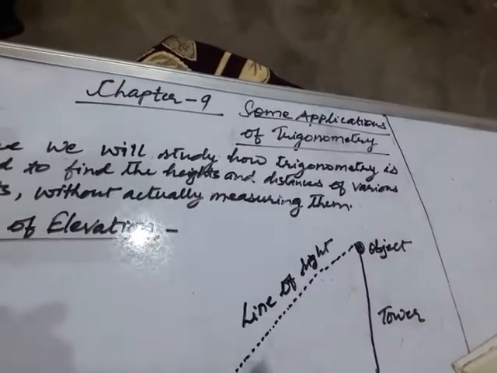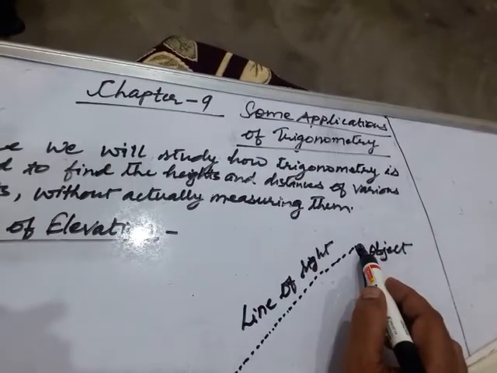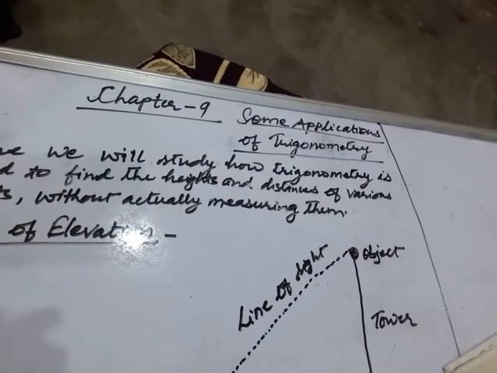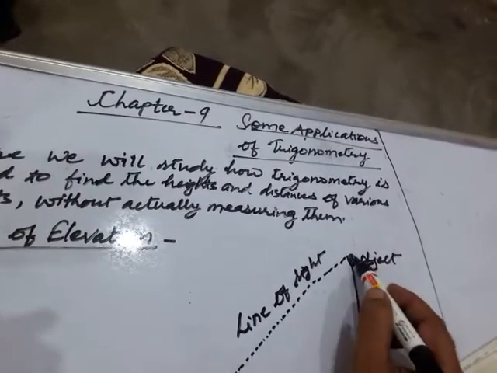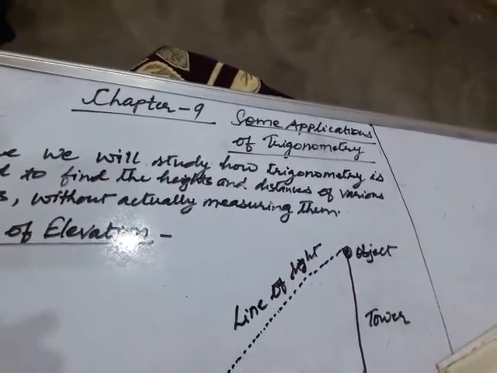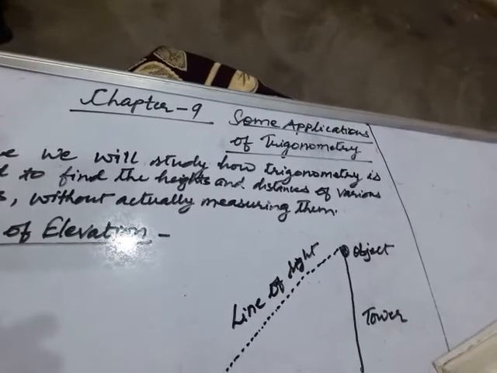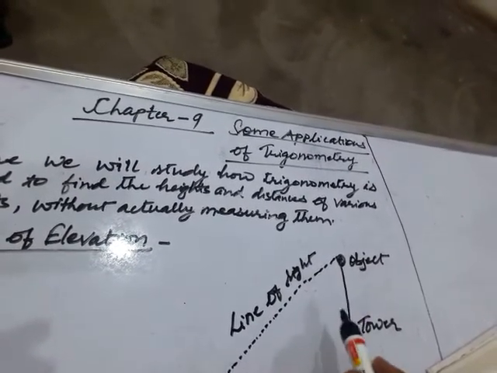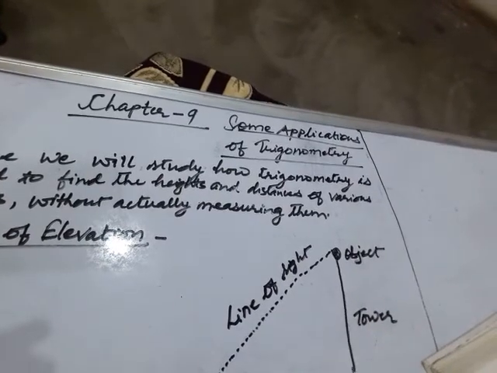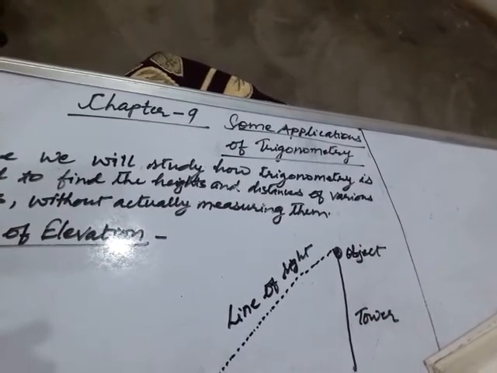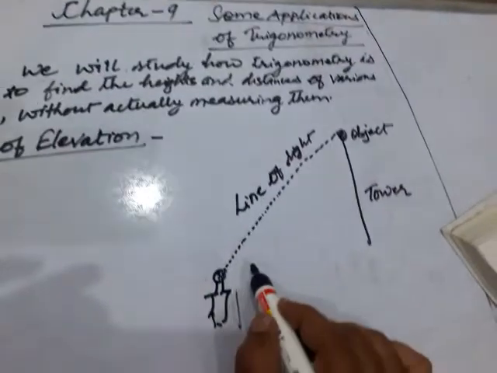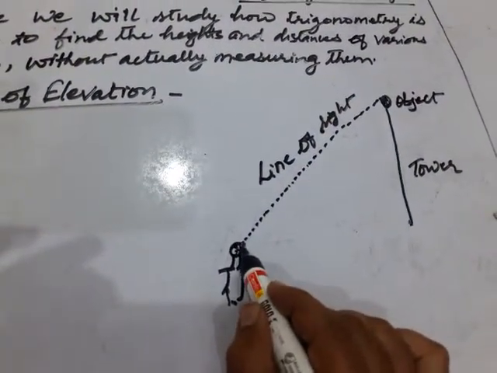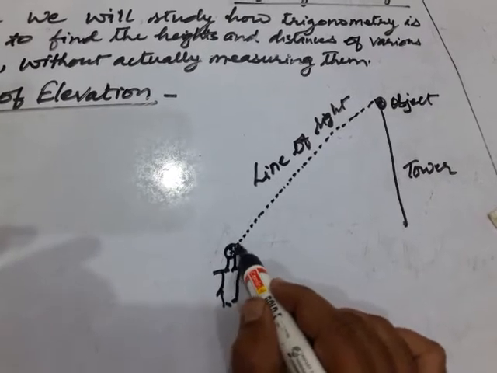When the observer, sitting here on the ground, observes the object that is kept on the top of the tower, simultaneously two rays emerge from the eye of the observer.